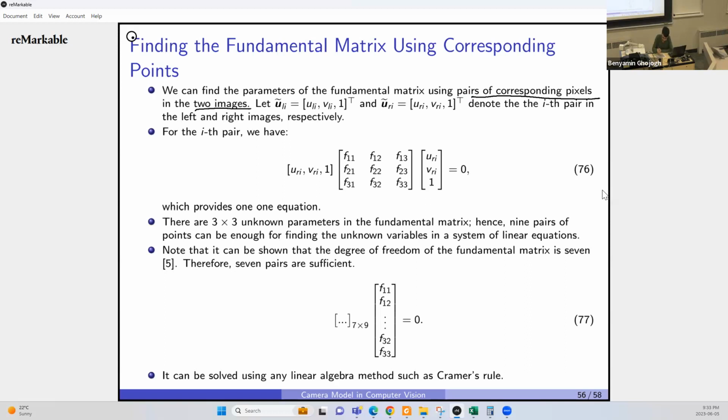It's interesting. So you have, consider these, ULI tilde and URI tilde. And what are they? In the left and right images, two corresponding pixels. And I denote their elements by ULI, VLI, URI, VRI. Okay. These are their homogeneous ones.